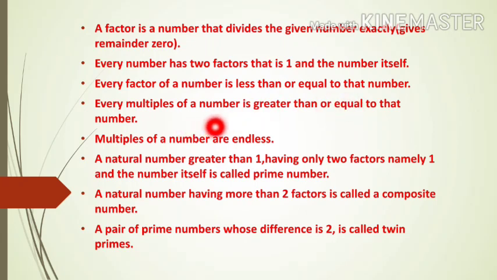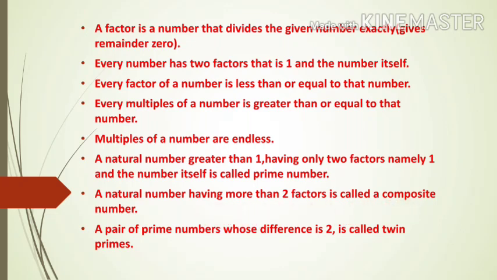Every multiple of a number is greater than or equal to that number. Multiples of a number are endless. A natural number greater than 1 having only 2 factors, namely 1 and the number itself, is called a prime number. A natural number having more than 2 factors is called a composite number.